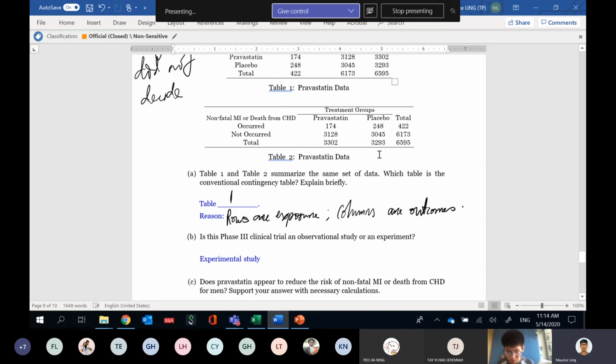So does pervastatin reduce the risk or not? Daniel, you calculate either the relative risk or the odds ratio.